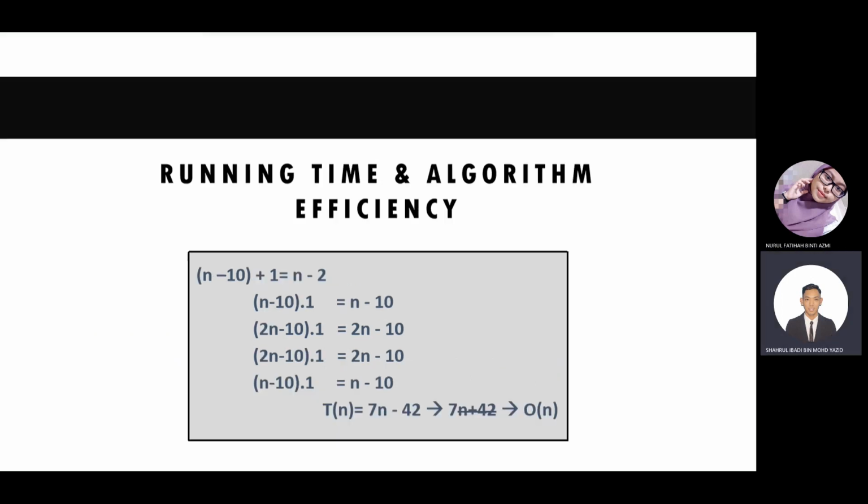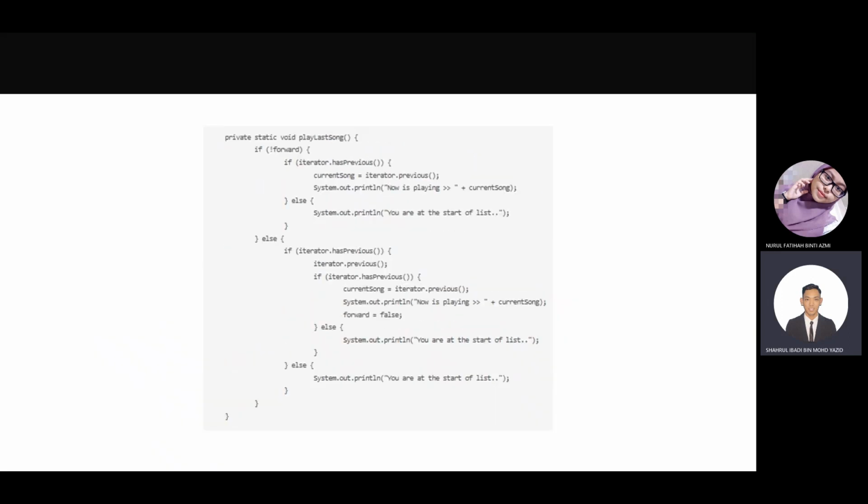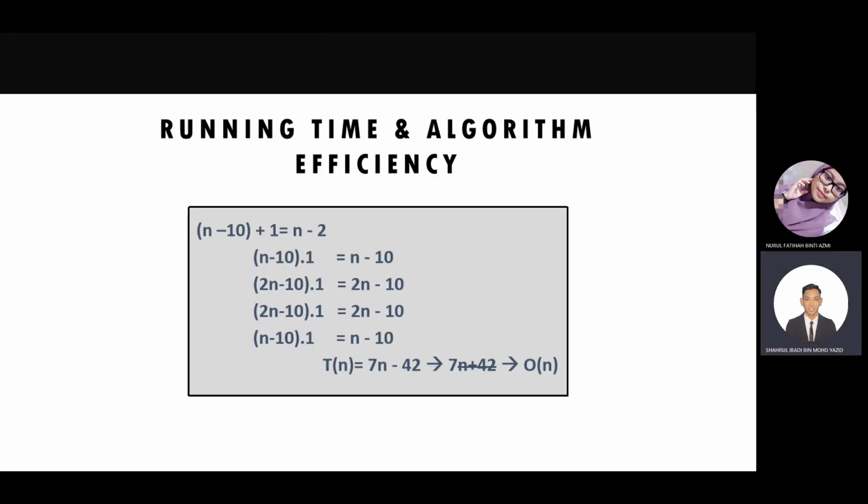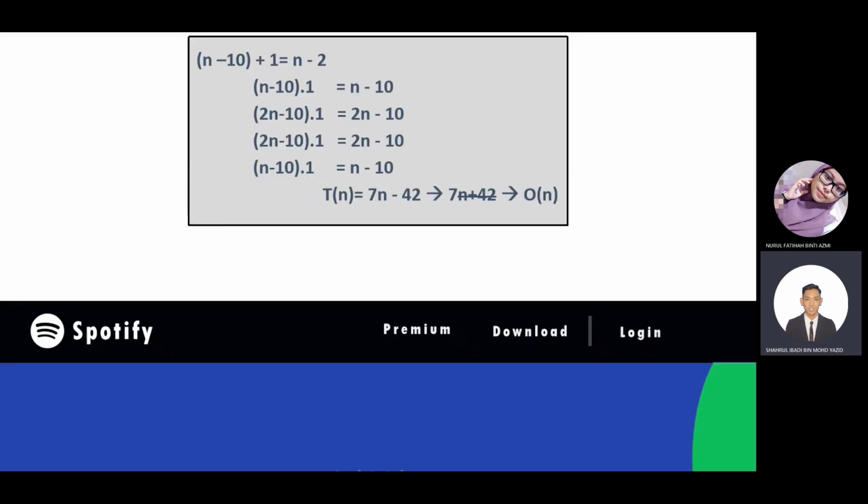So based on the code here, you can see the output that we have. The big O notation is O(N), which is the result for the linked list operation.